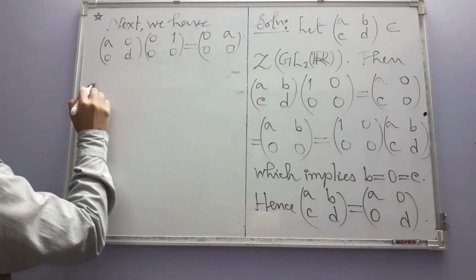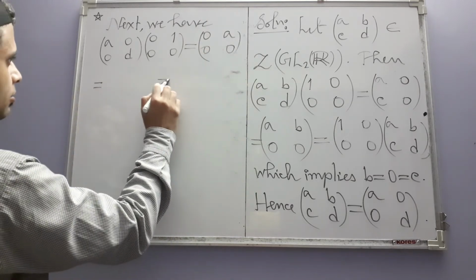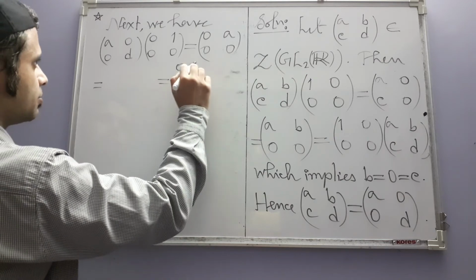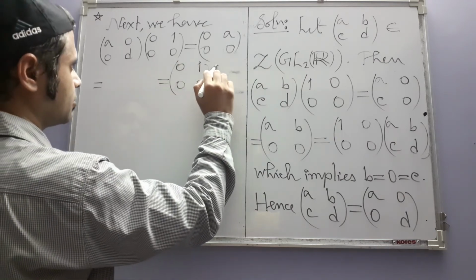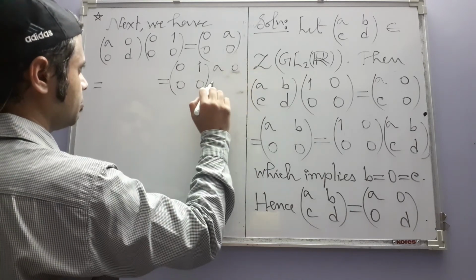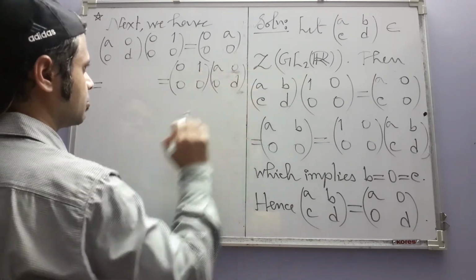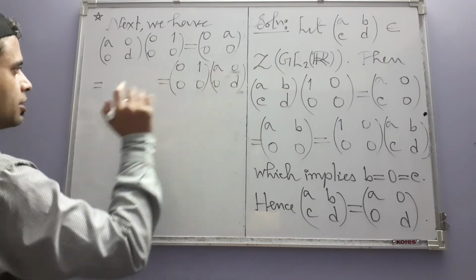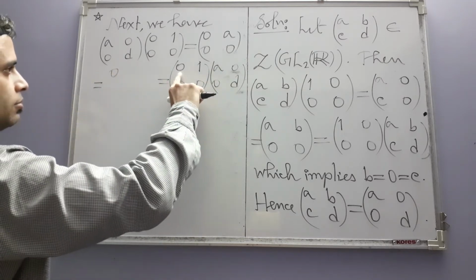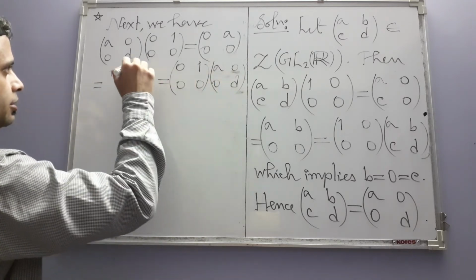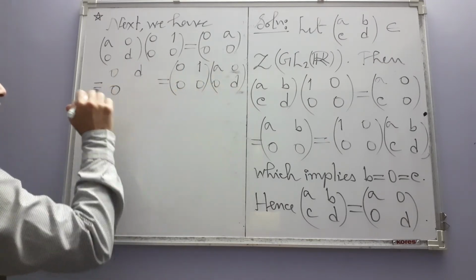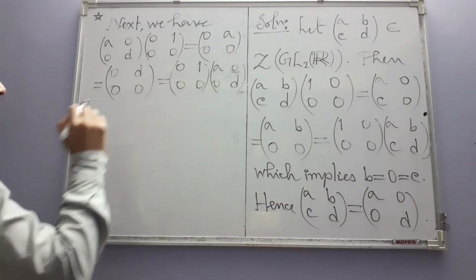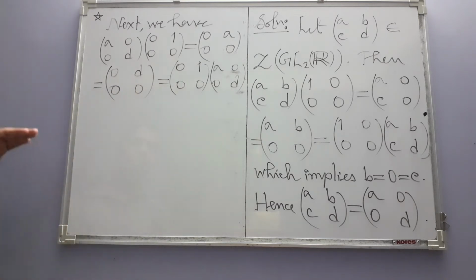This should be equal to a matrix which is equal to this other product obtained by interchanging the matrices. 0 plus 0, 0, 0 plus D, D, 0 plus, and this one is 0, the second row is 0, so here also all the entries will be 0.